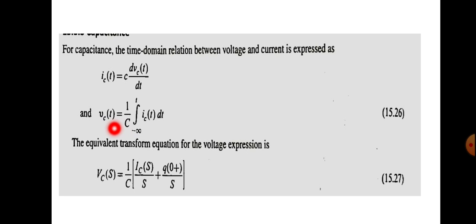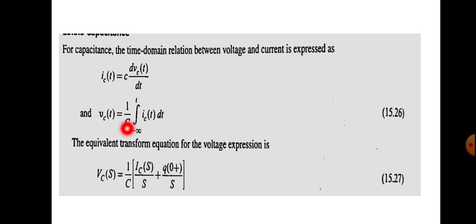When we take the Laplace transform of Vc of t, we get Vc of s. Similarly, the integral has a Laplace transform. We know that if there is a function f of t, its integral has the Laplace transform F of s by s. That is why, instead of IC of t, IC of s by s comes, plus the initial condition, which is IC of 0 plus divided by s. Instead of that, we can write the charge on the capacitor, Q of 0 plus divided by s.